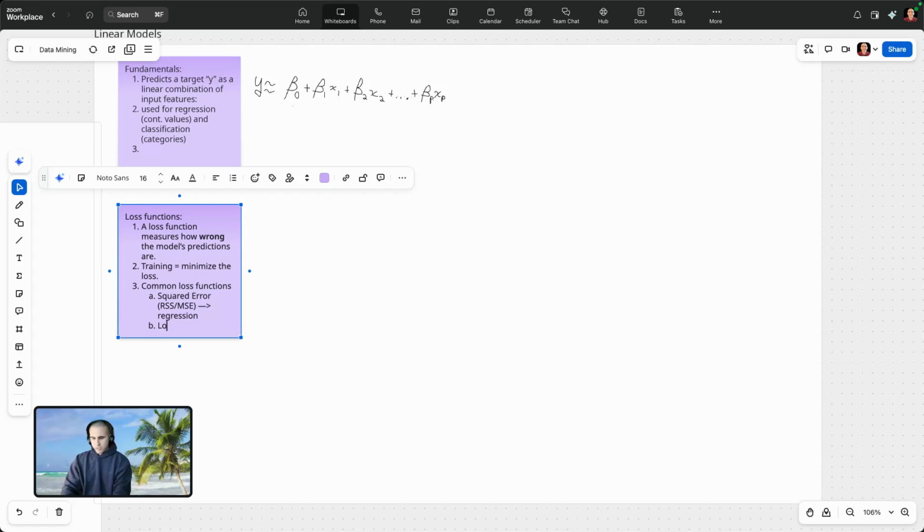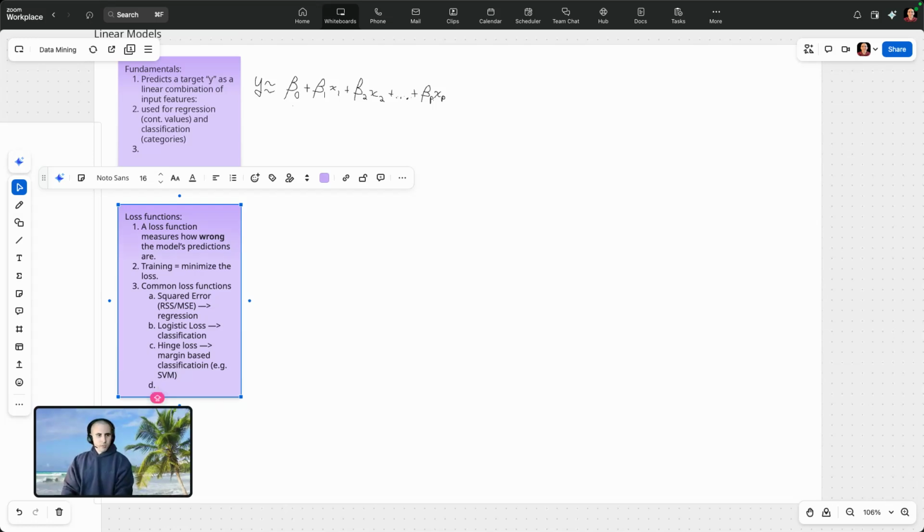And then we have logistic loss for classification. Okay. And then we have hinge loss, and that is for margin-based classification, e.g. SVM, support vector machines.